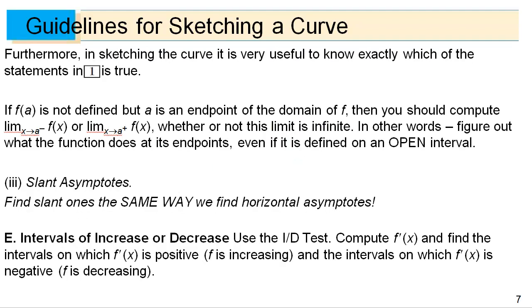Last, we have slant asymptotes. And remember, we find slant asymptotes the exact same way that we find regular horizontal asymptotes.